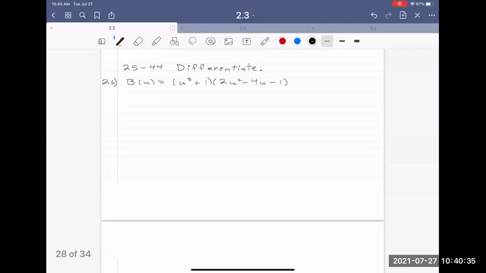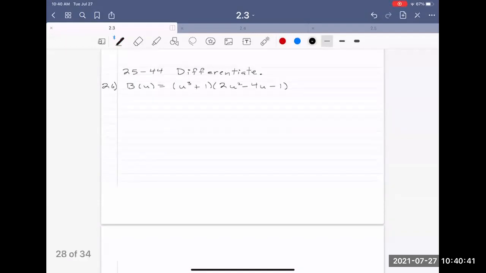Let me do problem number 26. So, in problems 25 through 44, differentiate. I want to find the derivative of the quantity u cubed plus 1 times the quantity 2u squared minus 4u minus 1.